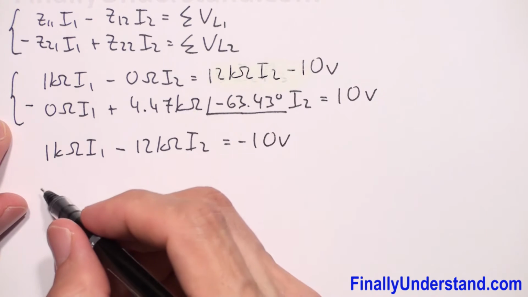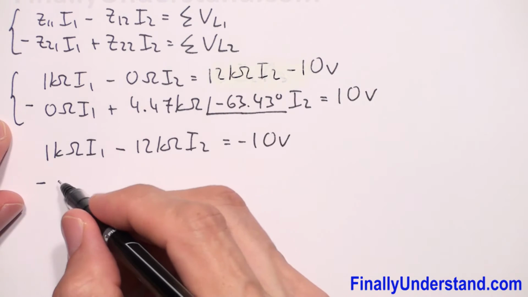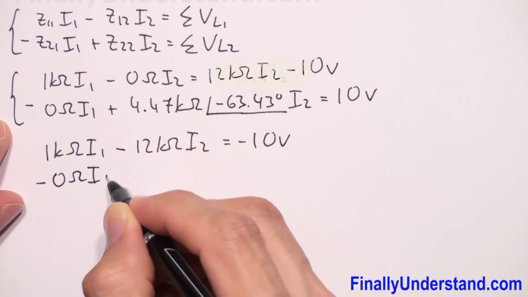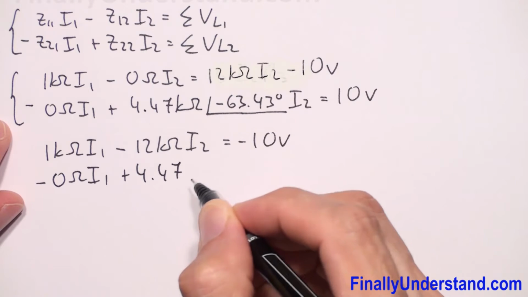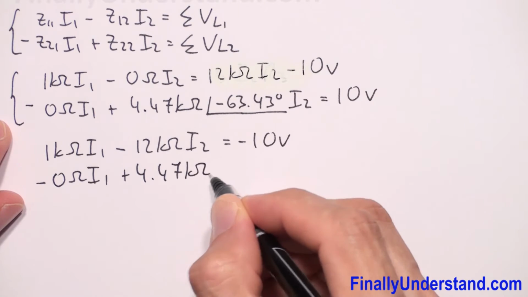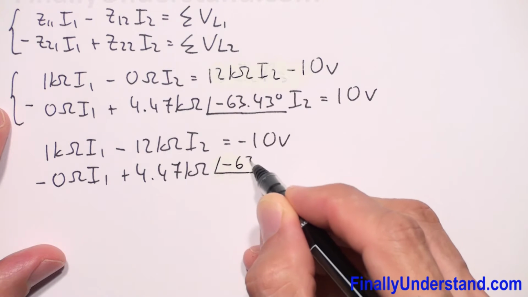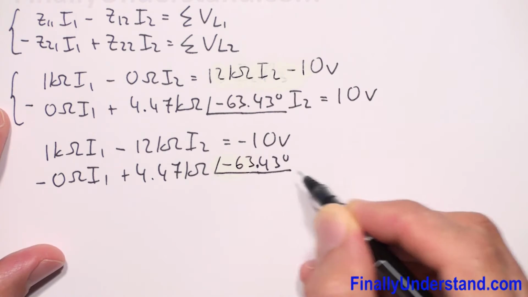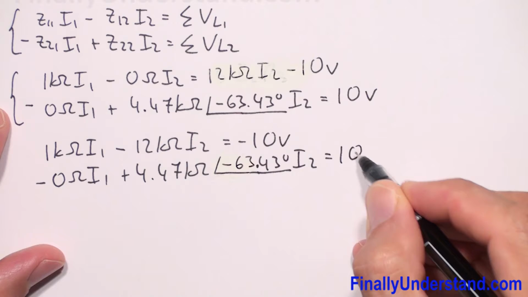Over here I have to copy down the second mesh equation: 0 ohms, I1 plus 4.47 kilo ohms, angle of negative 63.43 degrees, I2 is equal to 10 volts.